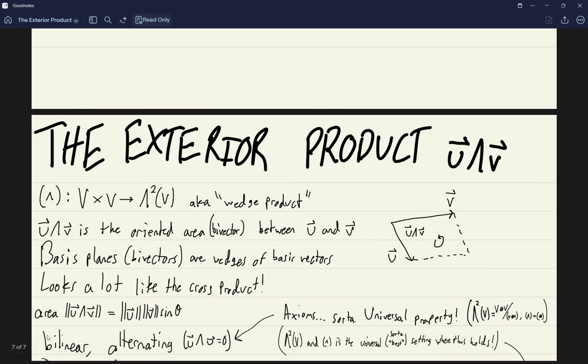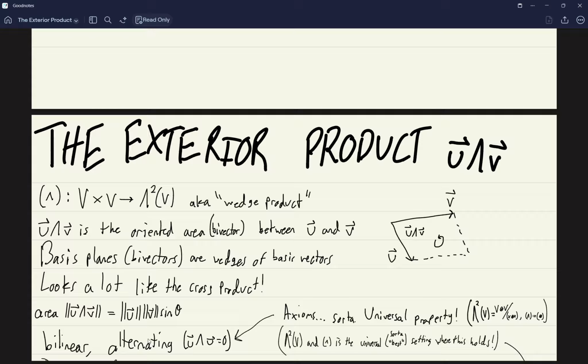And we get a lot of those properties of the cross product as well. So it's bilinear and it's alternating. And with the cross product, we were able to characterize it precisely with these two properties and those choices for the cross products of the basis vectors. Here we almost get that, but in a little bit of a different way, where we have this universal property that tells us that really this bivector space and the wedge product is the quote-unquote universal setting where this holds.